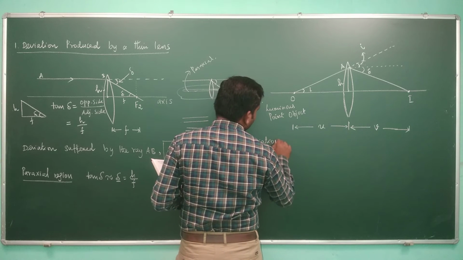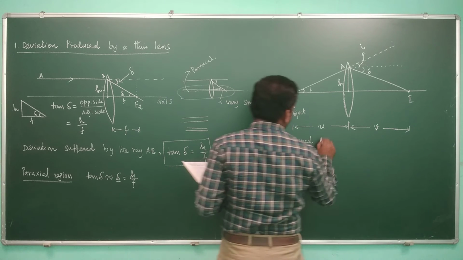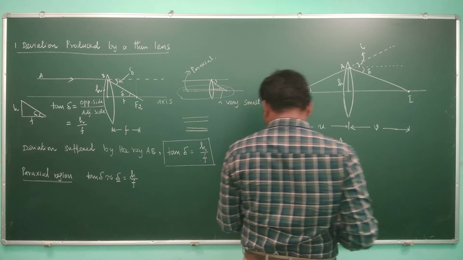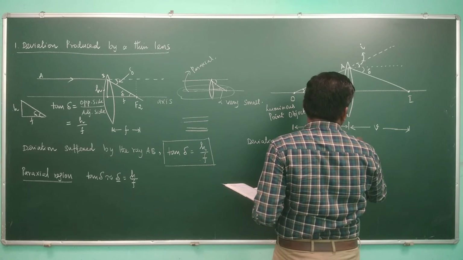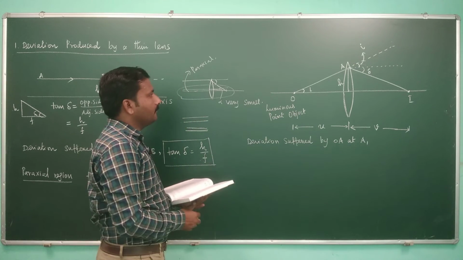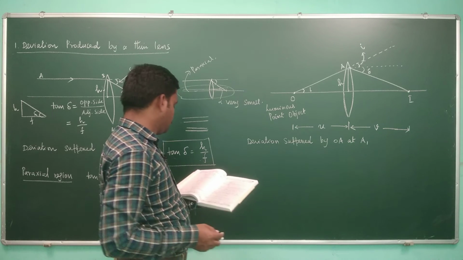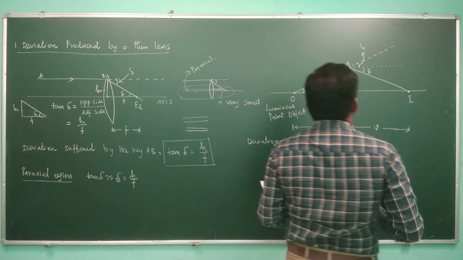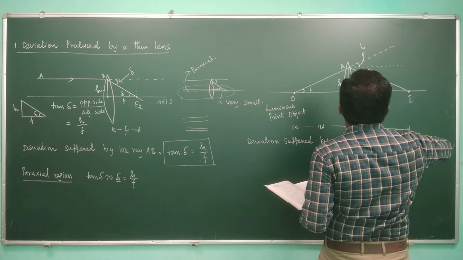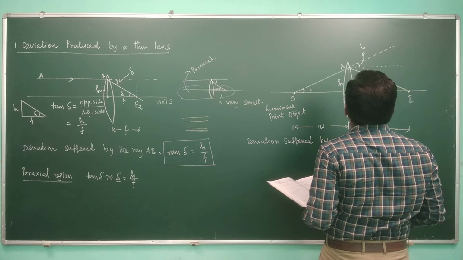Now the deviation suffered by this light ray OA at this point A, how much deviation is suffered? Let's say this is i for uniformity.